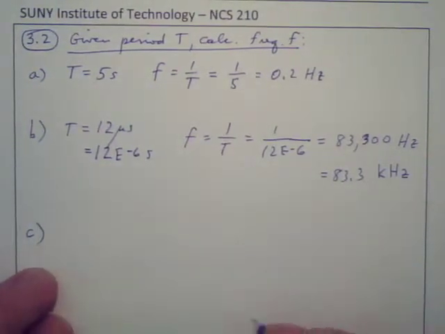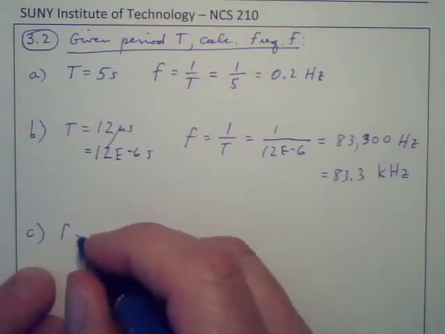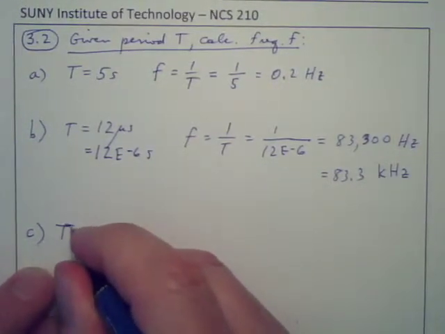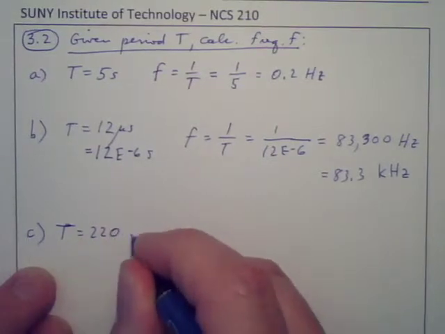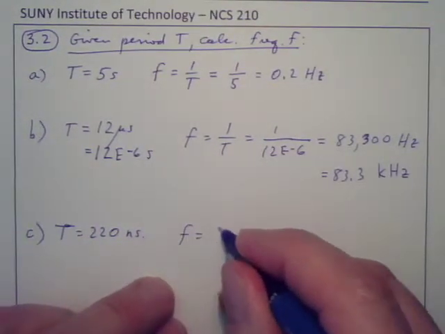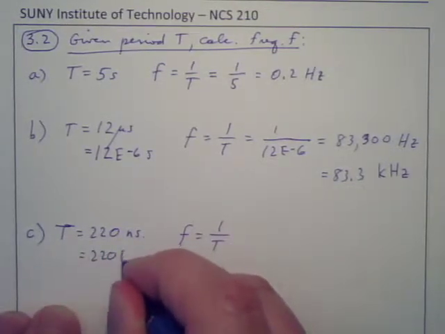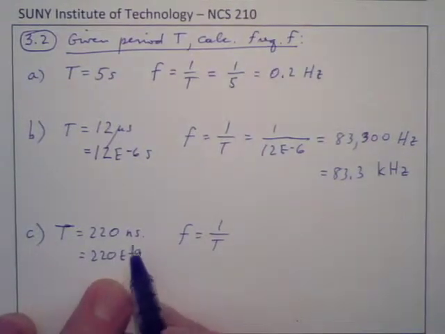And finally, the period is given here as 220 nanoseconds. Again, we're just plugging in. I'm going to write 220 times 10 to the minus 9th, turning the nano into a 10 to the minus 9th.